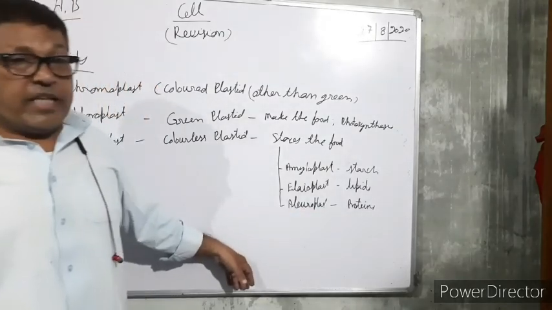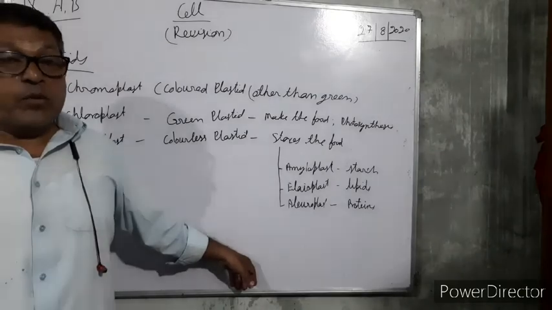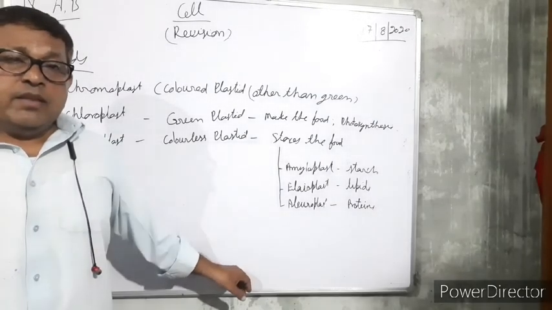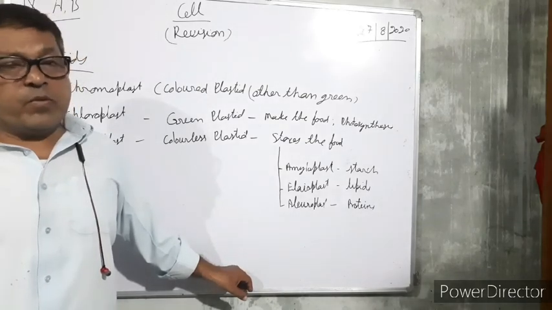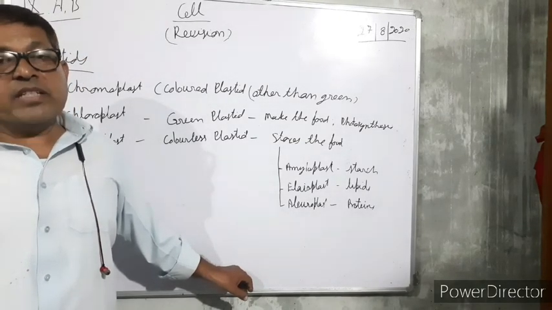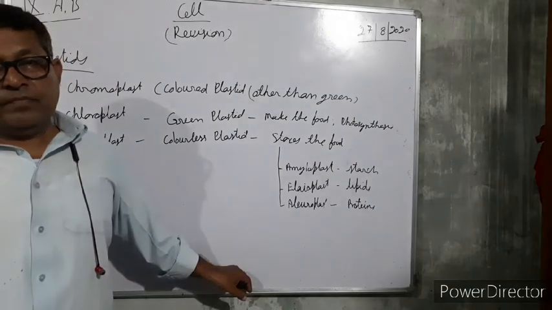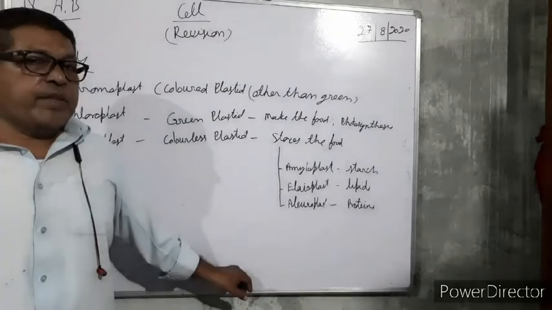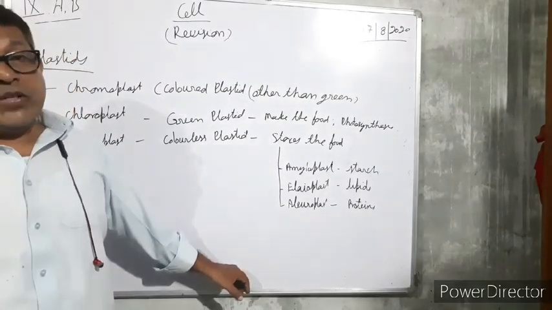Aleuroplast, this aleuroplast stores the protein. Important plants which provide the proteins are the pulse yielding plants, such as pea. In case of the pea, that provides us the proteins.